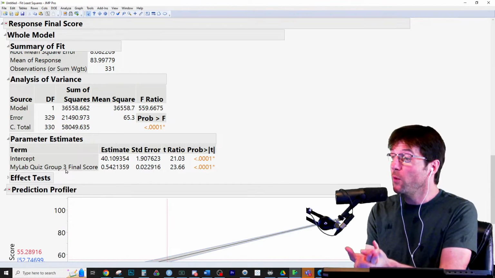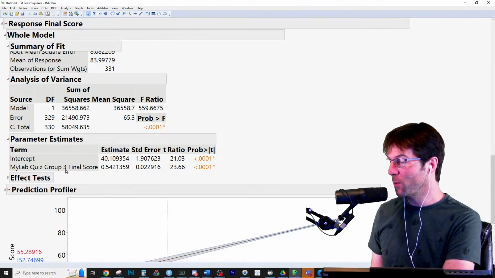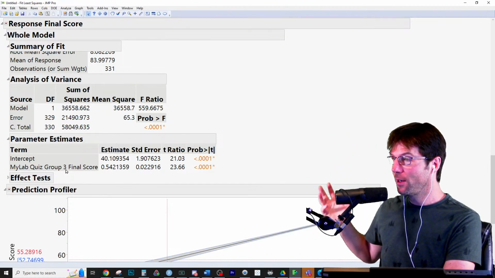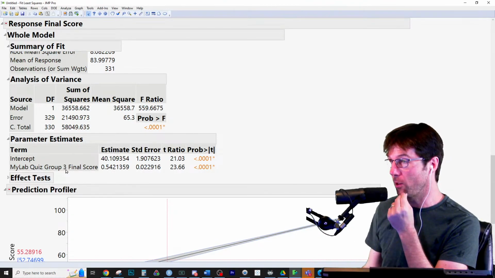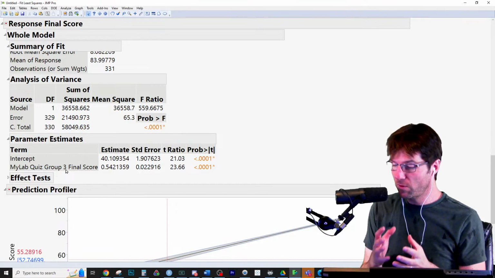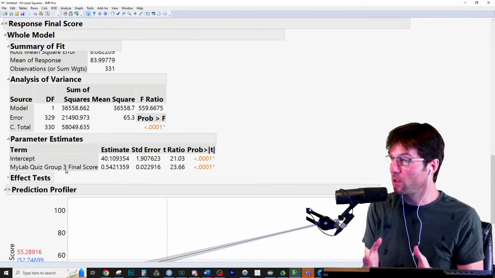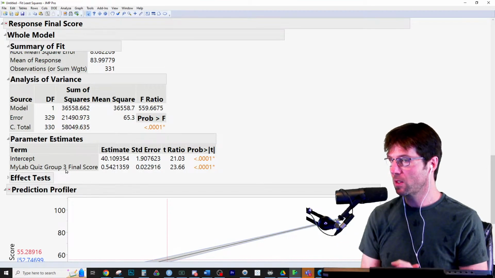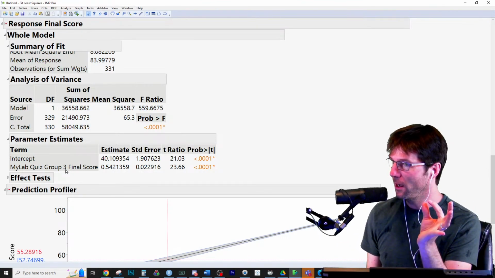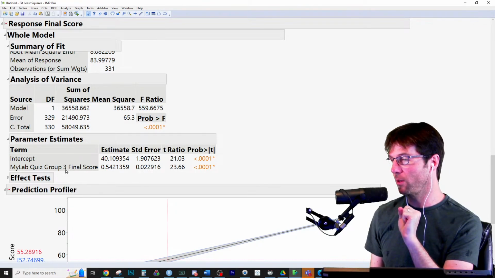It is that powerful. It explains way over half. Like if someone told me I failed quiz group 3, I'd be like, ooh, that's not good. You could still pass, I'm sure, but it's a very strong explanatory variable of how somebody's doing in the class, even though it is only mathematically 6% of your grade. Something where 6% of your grade explains almost two thirds of how you do in the class.